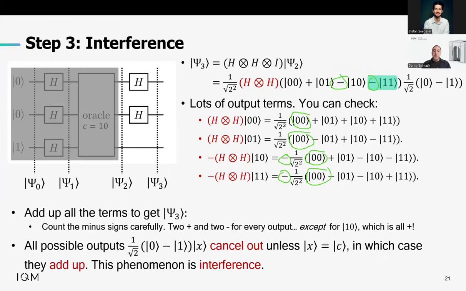This is the phenomenon of interference, where positive and negative outputs cancel out, which is called destructive interference, and positive outputs add up. And so we get more probability to have the output we want, which is the output that's the secret code.